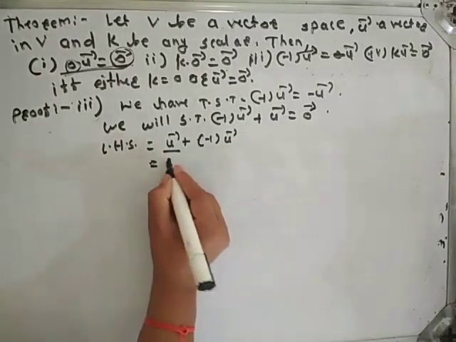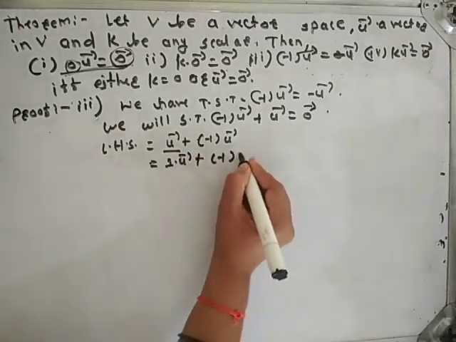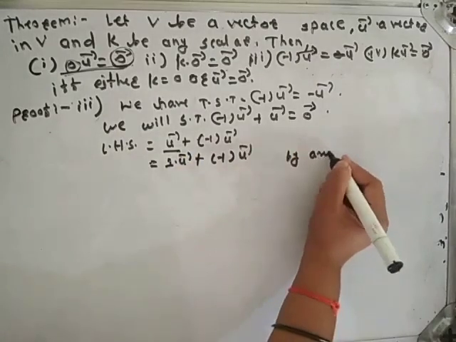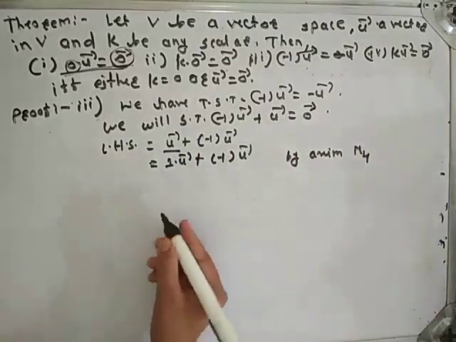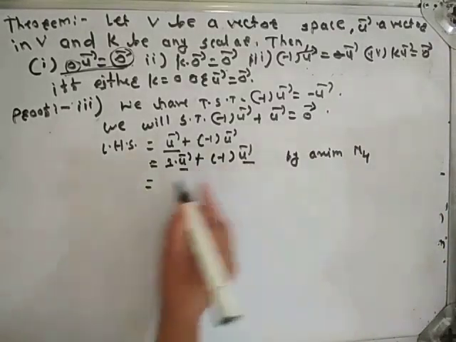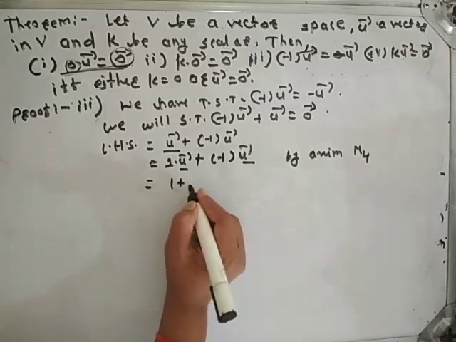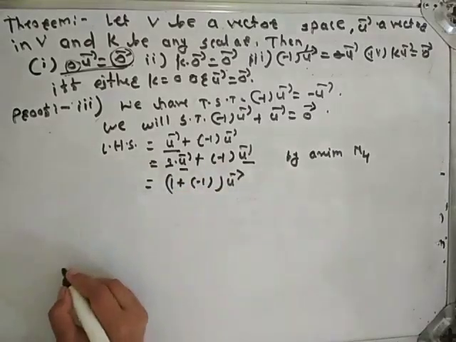This u bar can be written as 1 into u bar plus minus 1 into u bar. This is by axiom M4, 1 into u bar is equal to u bar. Here u bar is common, so take it as common. In the bracket remains 1 plus minus 1 into u bar.